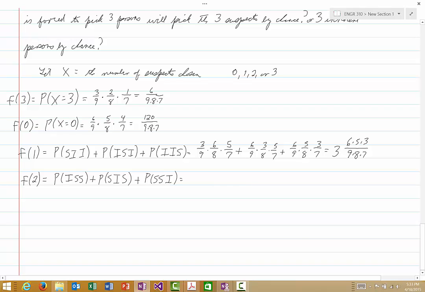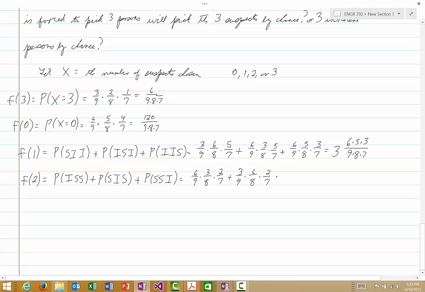The probability that the first one is innocent is 6 over 9, and then the next one would be suspect, 3 over 8, and the next one would be suspect, 2 over 7. And then for the next case, the probability that the first one is suspect is 3 over 9, and then 6 over 8, and then 2 over 7.